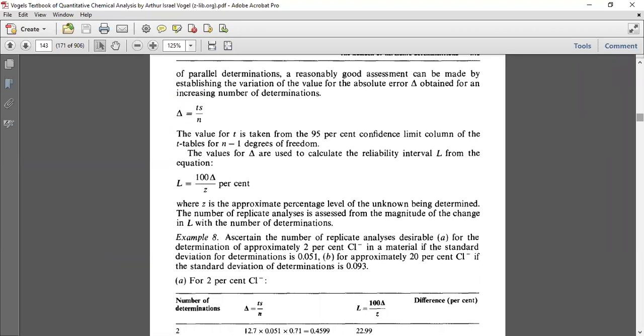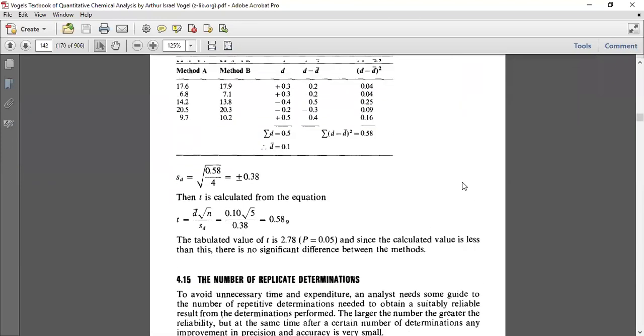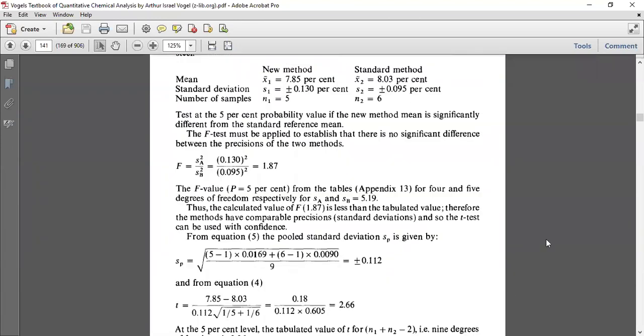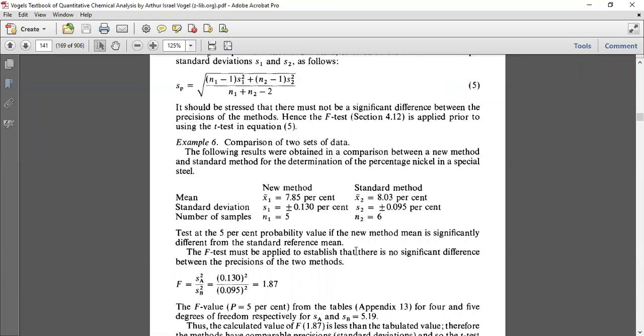After that we have seen paired t-test, then comparison of means of two samples, then correlation, and later on the last point is about least square method, linear regression. So these are the basic things required to understand or to solve problems related to statistics.